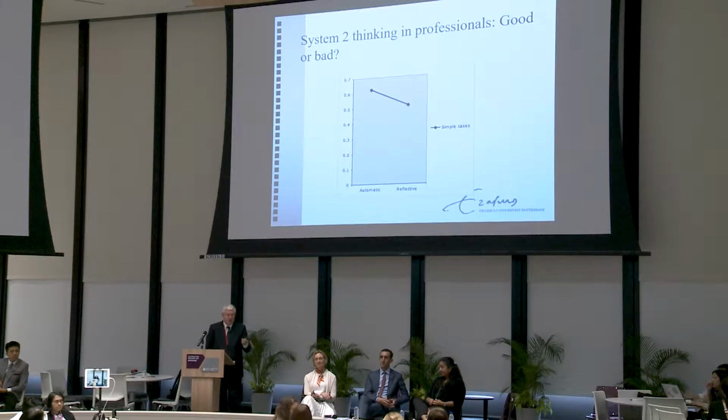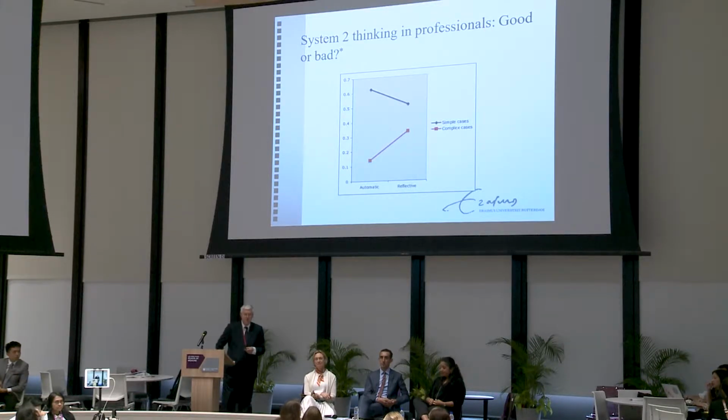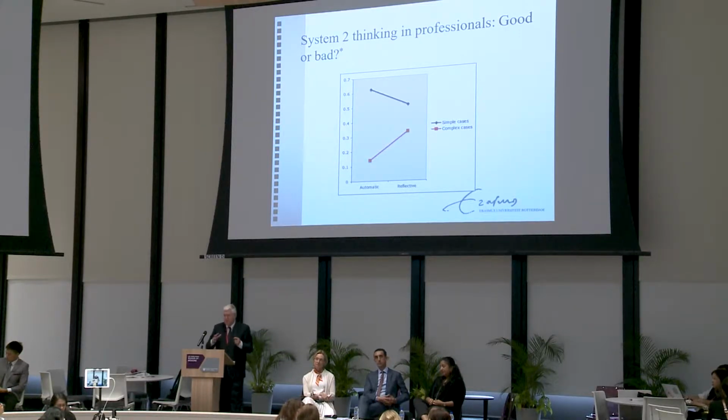But we also had complex cases, and we found exactly the opposite. You see their performance is quite poor. Only 10% of the cases were diagnosed accurately in the first round, and then it went up to 0.3 in the deliberate reflection condition. So deliberate reflection helps, but in particular when the cases are considered quite difficult.